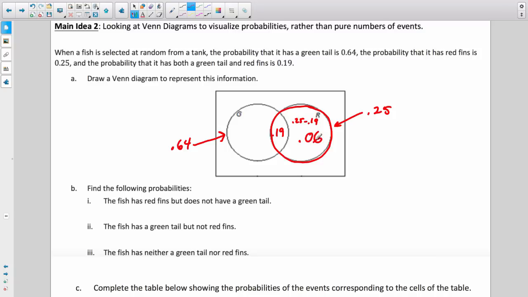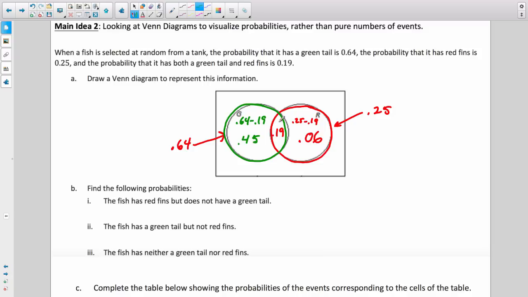Okay, so that's in that section of the Venn diagram. How about over here on the left? If this is all the green tails and 64% are there, then the total that are just green with no overlap would be 64% minus the 19 that are shared by red, and that would give us a total of 0.45.